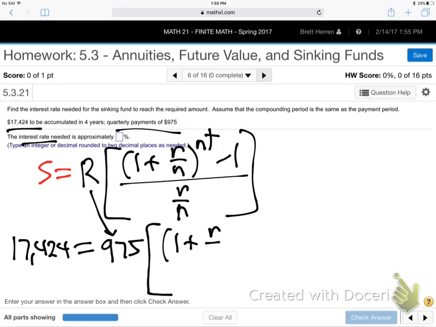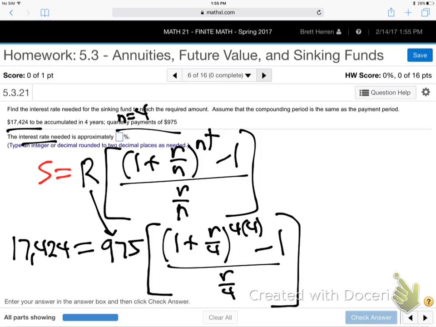What's the N? 4, quarterly payments. And then T, how many years? 4 years. 4 times 4 there. Over r over 4. Everybody good to there?